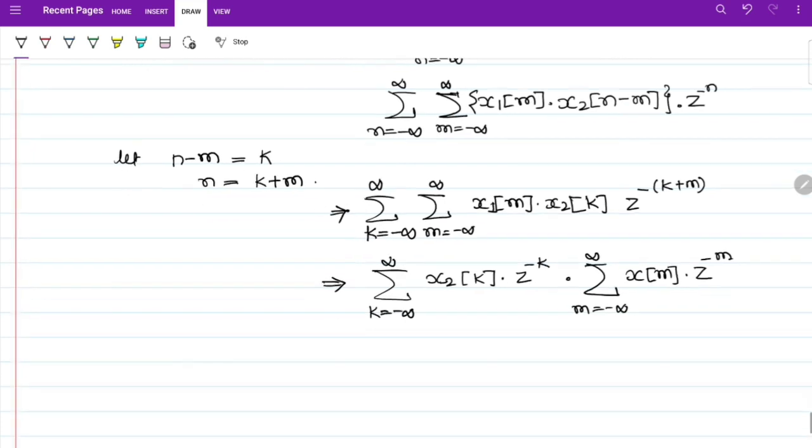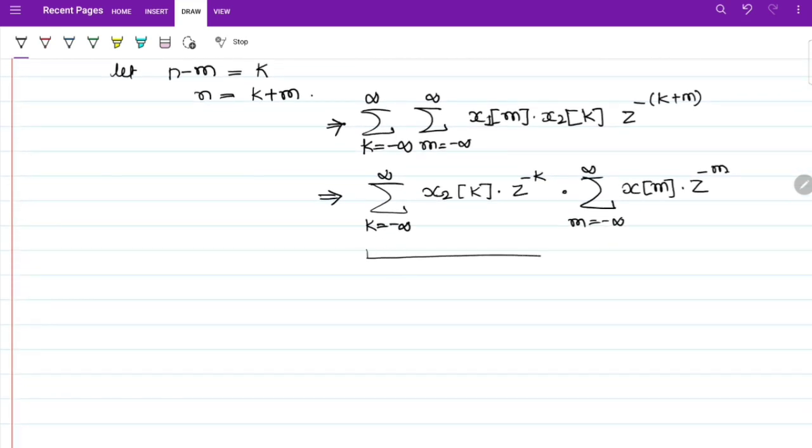Okay. Now we can write this equation as x1 of z, and we can write this equation as x2 of z, which is nothing but z transformation of x2. Okay, I write it here. This should be x1 of m.